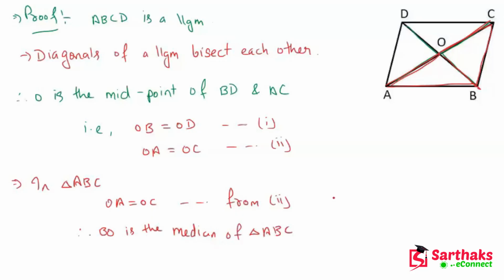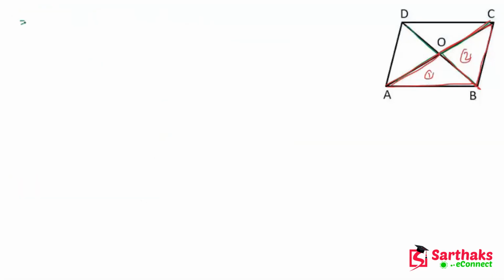And we know that the area of triangle AOB is equal to the area of triangle BOC, because the median divides the triangle into equal areas. So we can write area of triangle AOB is equal to area of triangle BOC.